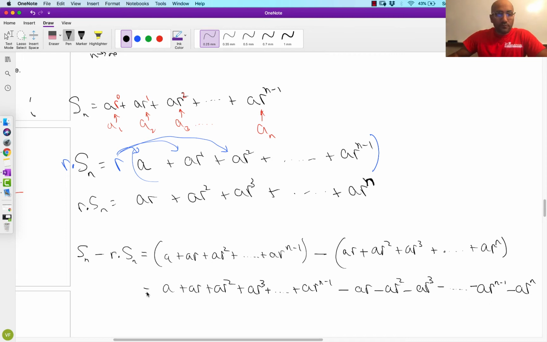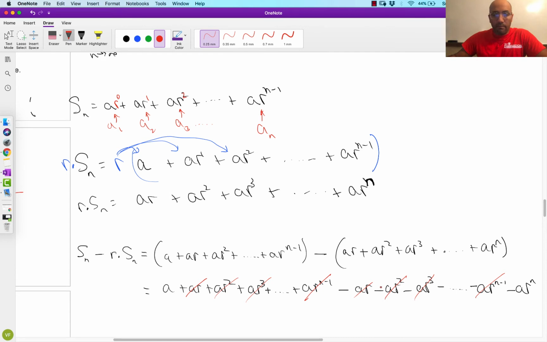Okay, and now a bunch of cancellation happens. Ar cancels with this one, plus ar minus ar, plus ar squared cancels with this one, plus ar cubed cancels with this one, dot dot dot, and then this one cancels with this one.